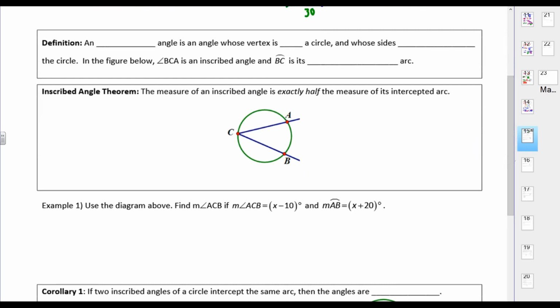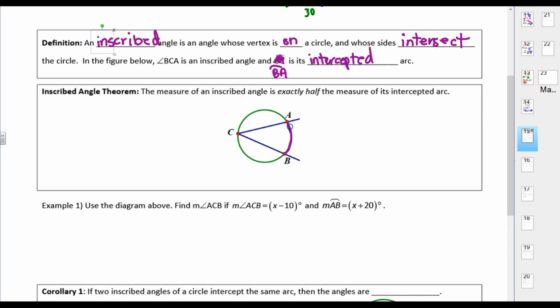All right, let's now learn about inscribed angles. An inscribed angle is an angle whose vertex is on a circle and whose sides intersect the circle. In the figure below, BCA is an inscribed angle, and its intercepted arc is arc BA.